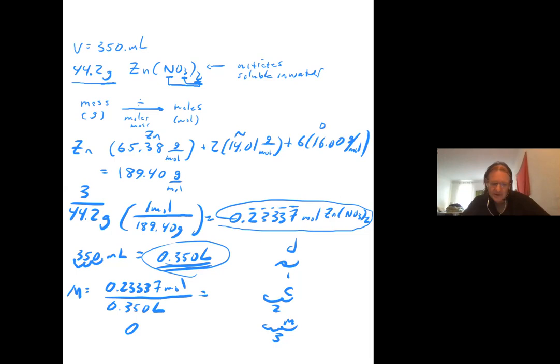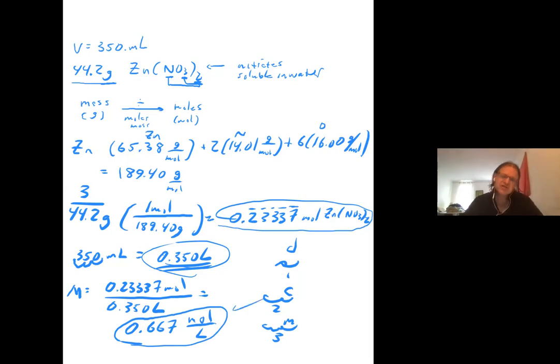I'm going to round it to 0.667. That's actually a pretty high concentration. It's probably getting close to the limit of how much zinc nitrate will dissolve, but that's pretty high. It's 2/3 of a molar, almost 2/3 of a mole for every liter of the zinc nitrate.